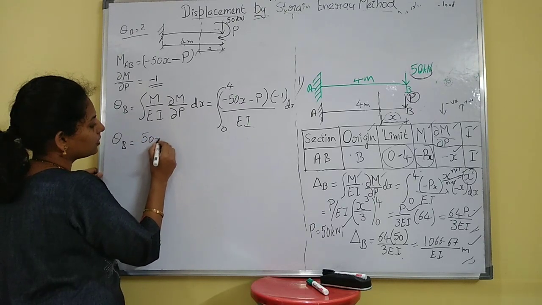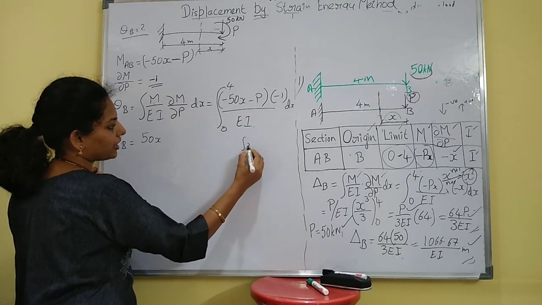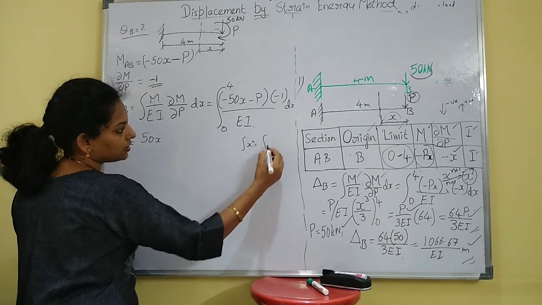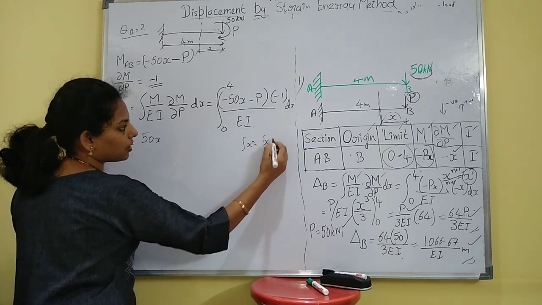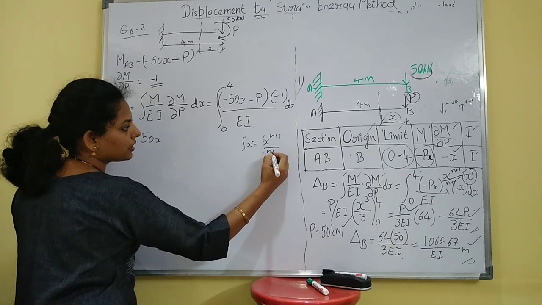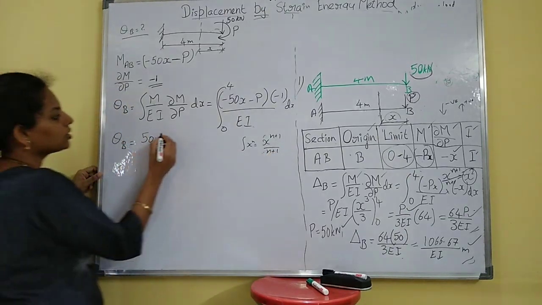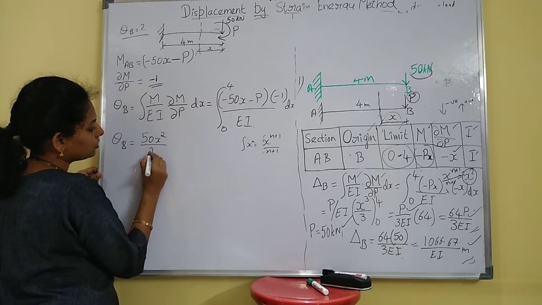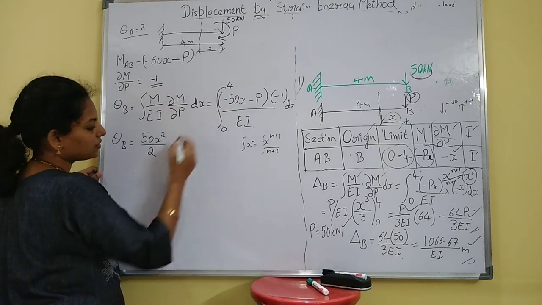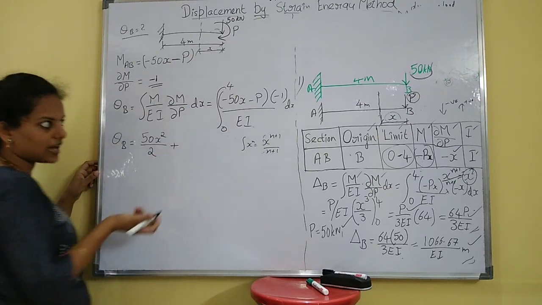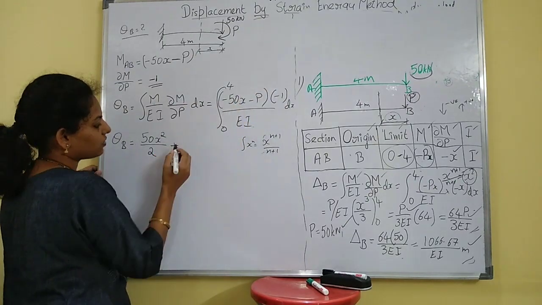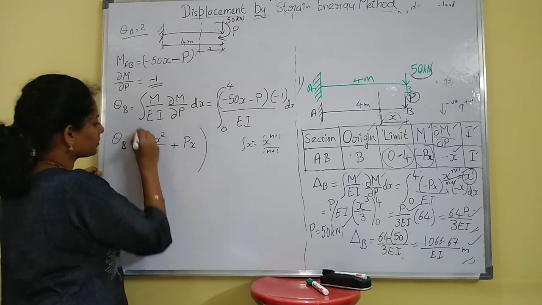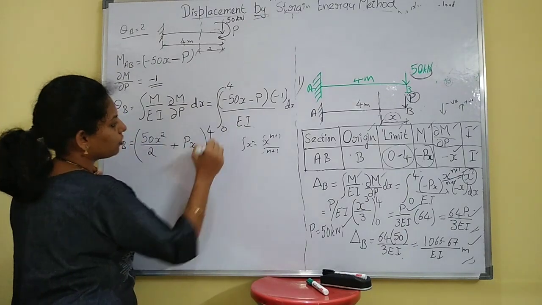50, integration of x power n is x power n plus 1 divided by n plus 1. So here it is 1 plus 1, x square by 2, plus, here the sign is plus because it is minus 1 multiplied by minus 1, you have P into x, limit is 0 to 4.